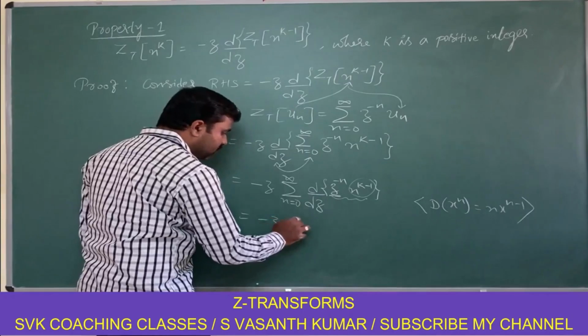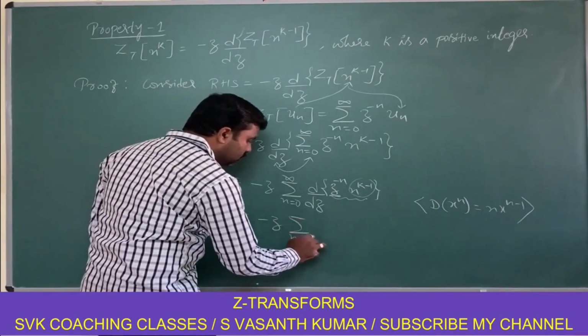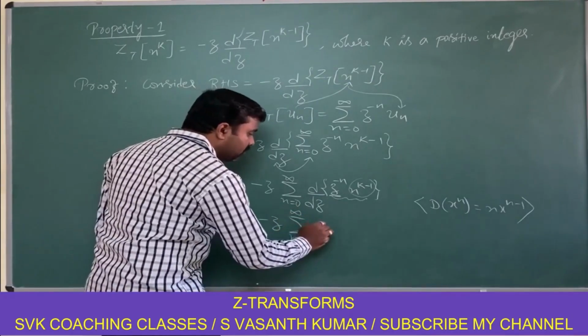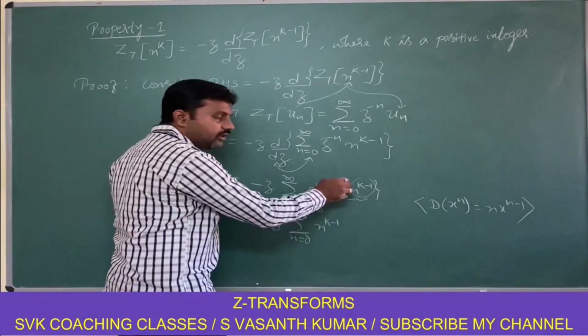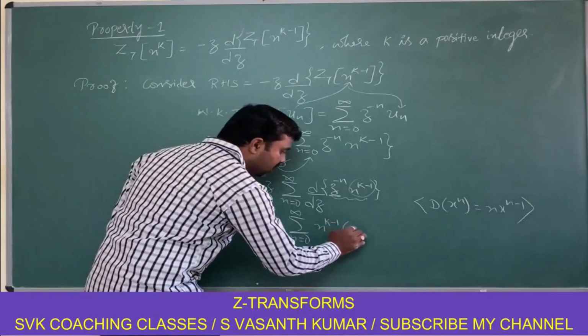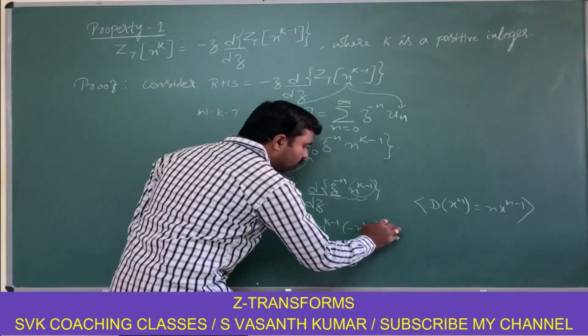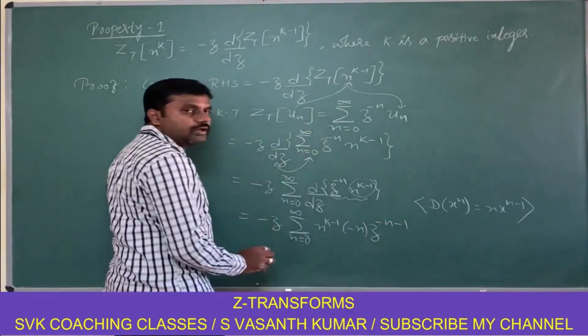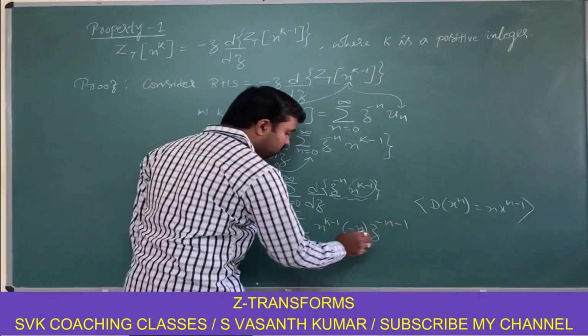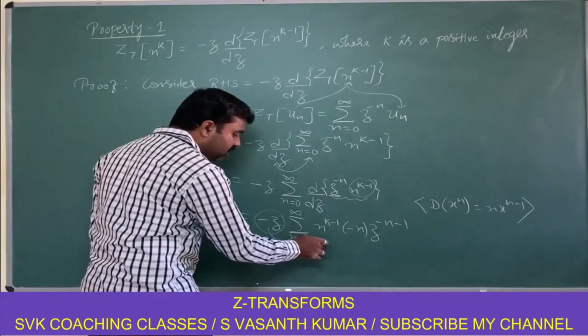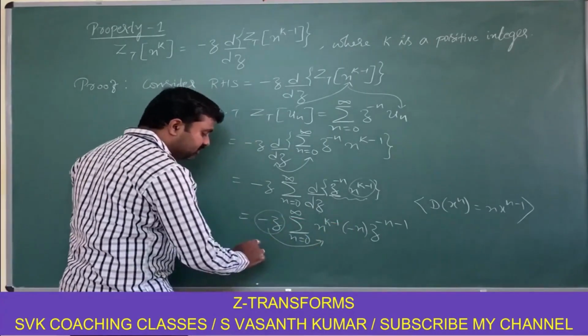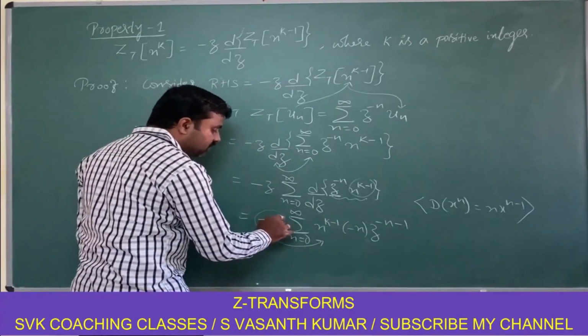So minus z into summation n equal to 0 to infinity n power k minus 1, as it is a constant term. The derivative of z power minus n is minus n into z power minus n minus 1. Now take minus z inside: minus into minus is plus, so z power 1.